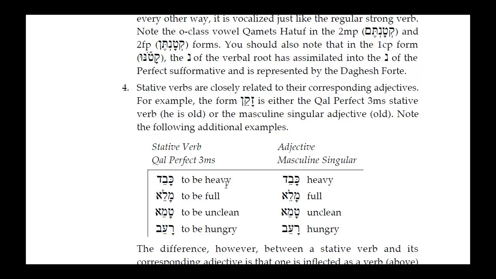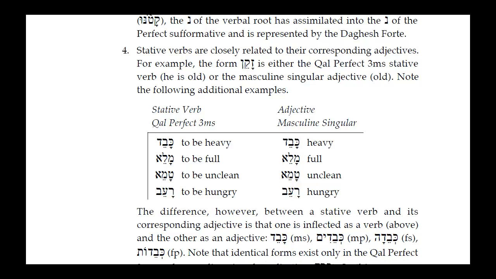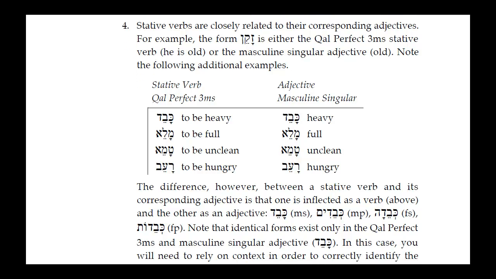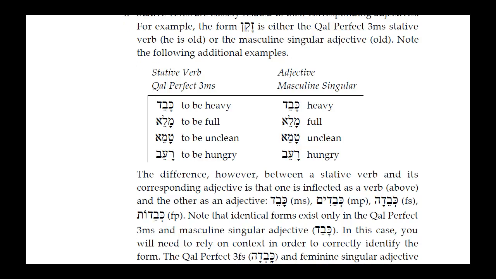They're identical here. Male, to be full. Male, full. The adjective. Tame, to be unclean. Tame, unclean. Ra'ev, to be hungry, and ra'ev for hungry. So basically, you won't be able to tell the difference between the third masculine singular stative and the adjective. You have to let context make the difference in here.